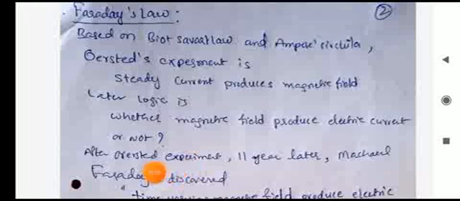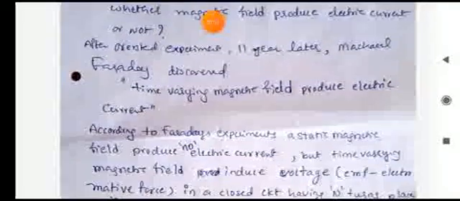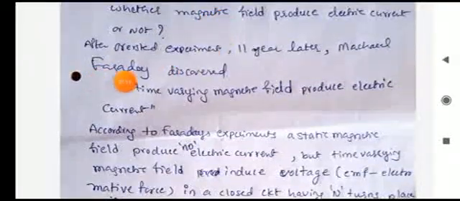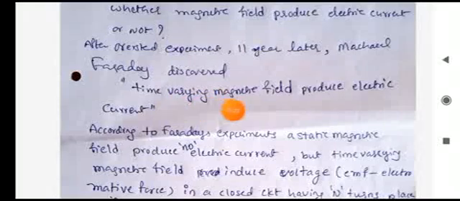After Oersted's experiment, 11 years later, Michael Faraday made a discovery. What did he discover? Faraday discovered that only a time varying magnetic field produces electric current.